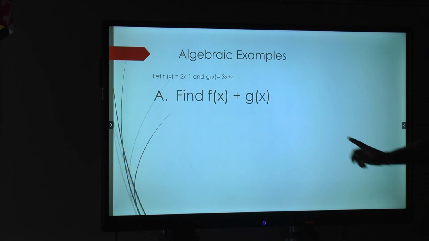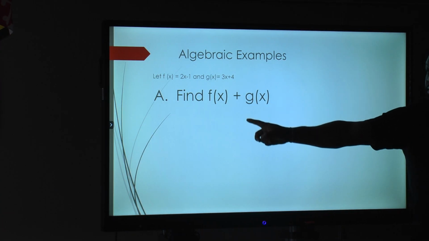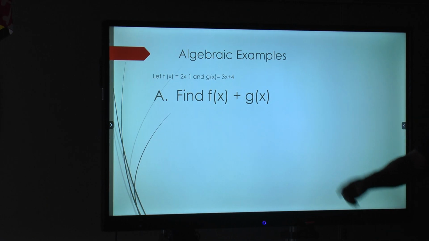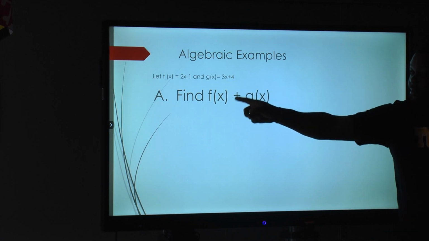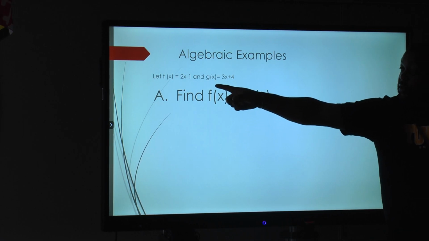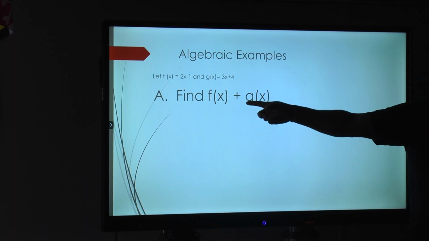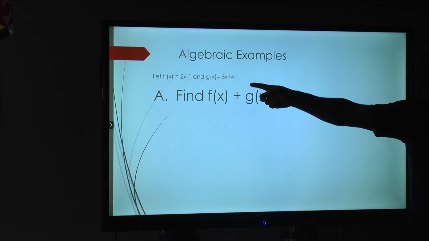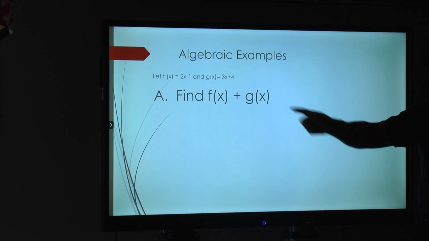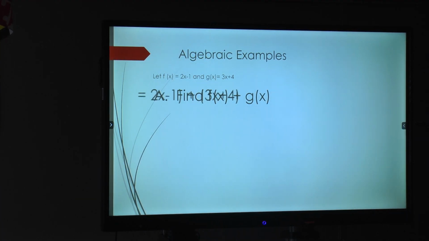Addition. We already know what our problem is. We're going to substitute 2x minus 1 everywhere we see f of x. The same thing for g of x, we're going to replace it with 3x plus 4.